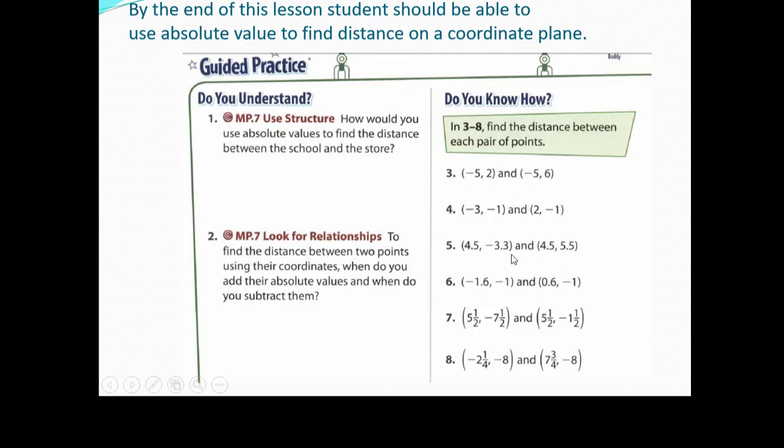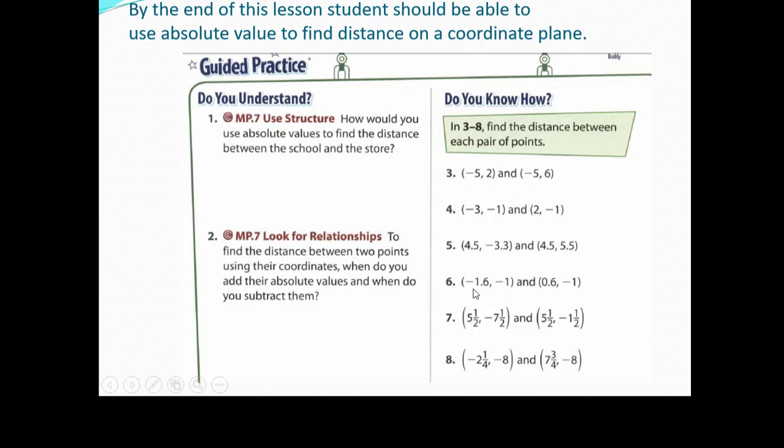In number 5, I add the absolute value of 3.3, which is 3.3, and the absolute value of 5.5, and it becomes 8.8. In number 6, they have the same y coordinates, so we look at the x coordinates. They have different signs, so we add.